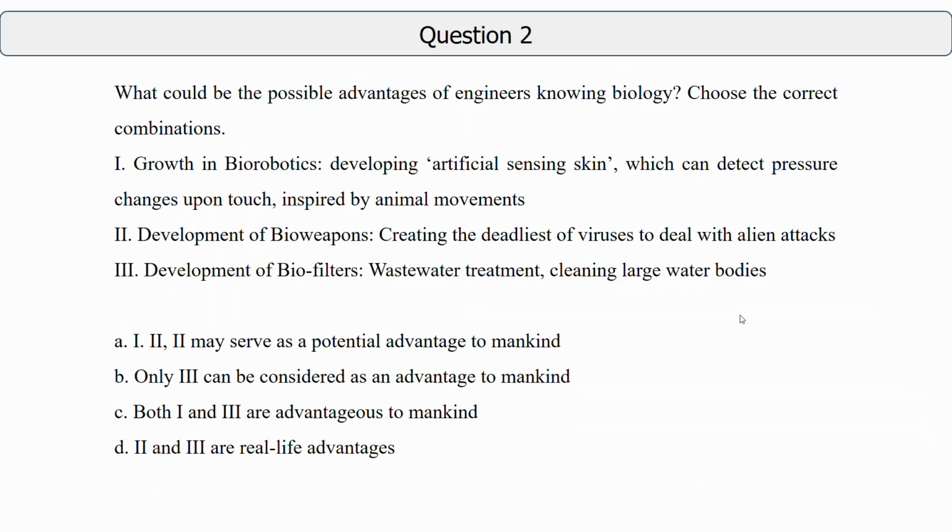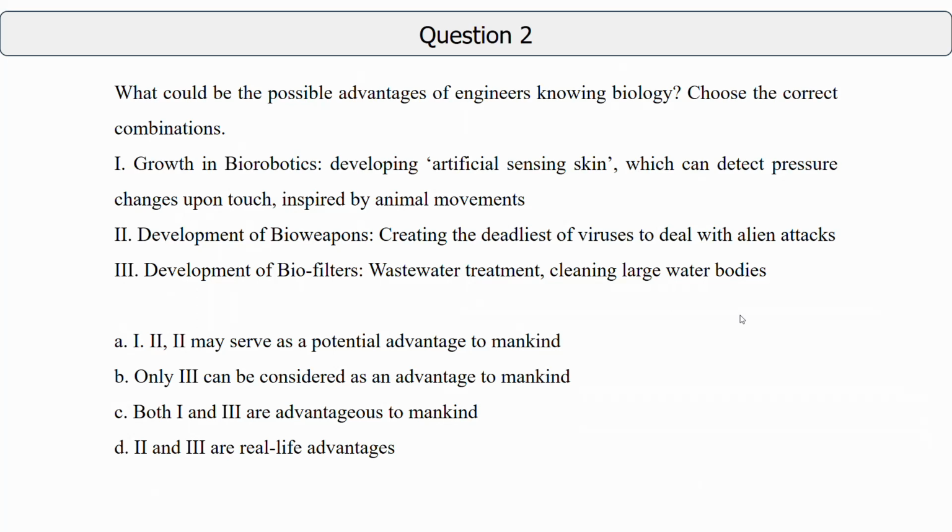The second statement is development of bioweapons, creating the deadliest of viruses to deal with alien attacks. The third statement is development of biofilters, wastewater treatment, cleaning large water bodies. They have given four combinations here. Option A: either 1, 2 or 3 may serve as a potential advantage to mankind.